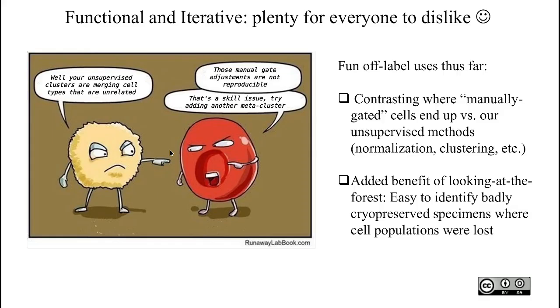Is the clustering actually splitting or grouping things the way we would have done manually, et cetera. And then there's also an added benefit of this looking at the entire forest approach, wherein we're relatively easily able to identify badly cryopreserved specimens where the cell population was lost entirely.